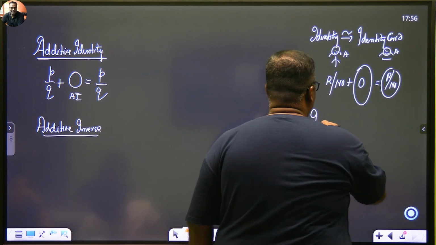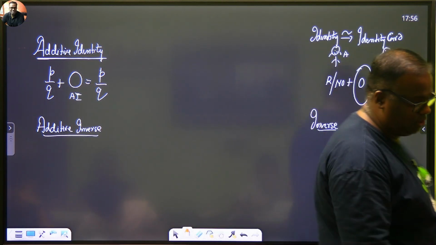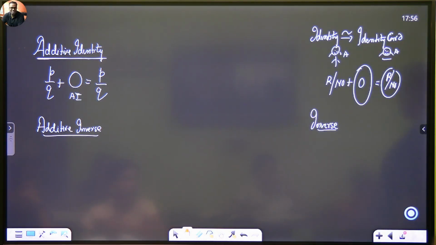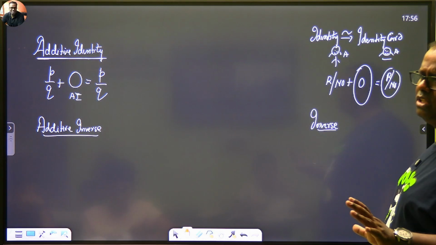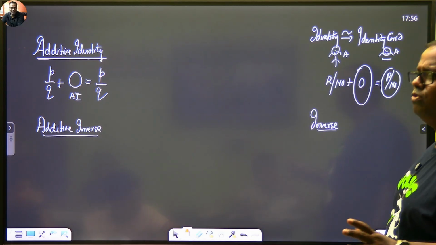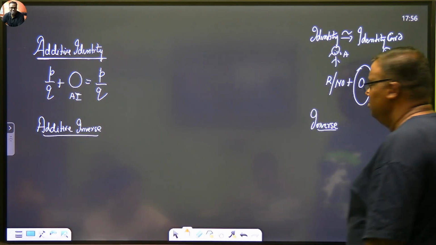Inverse. Right now, this word might be coming up as a very small English word to you, but when you go to higher classes, you will deal with a lot of inverse functions. Inverse is nothing but, you remember the vaccines that we took for COVID? Covishield, Covaxin. Inverse क्या होता है देखो.